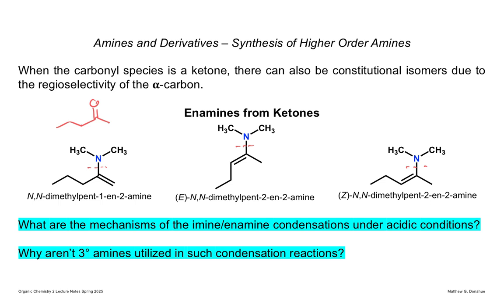And then the same amine, dimethylamine. But why are there 3 products now? Because we have an alpha carbon, and I'm calling that alpha prime because they're different. One's a CH3, one's a CH2.